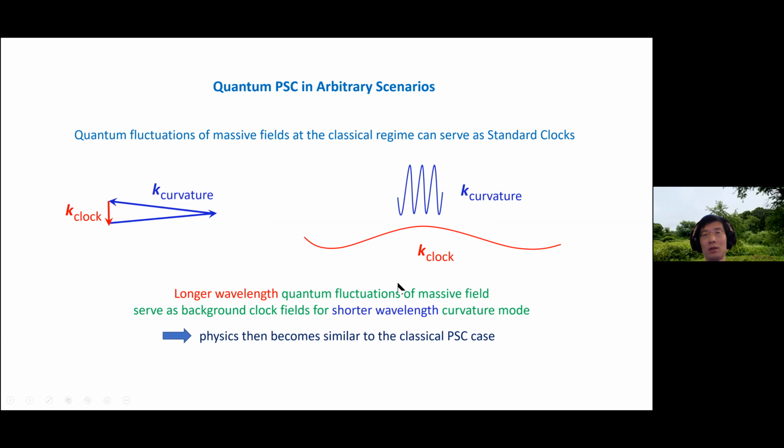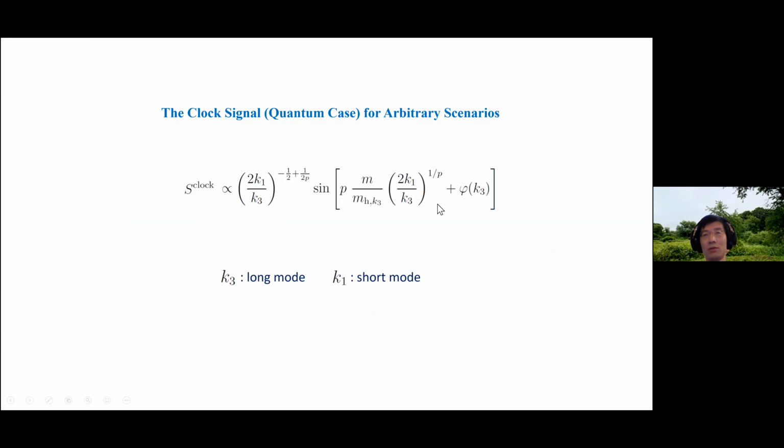Now the mathematics is almost identical to the previous slides, except that when you work out the consequences, the dependence is in the ratio of these two momenta.